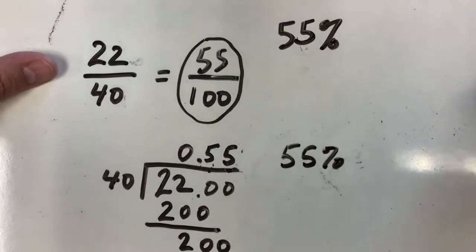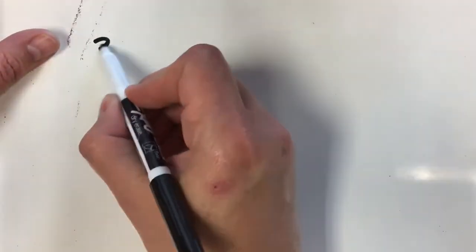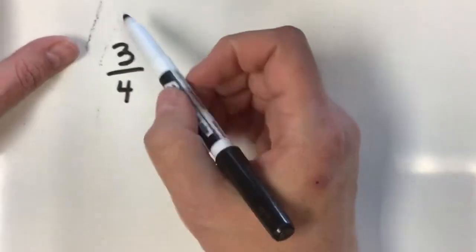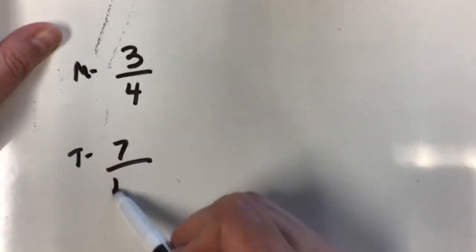So let's take it even farther. Say there's a football game, and Marcus completes, I'm reading it out of the book, Marcus completes 3 out of 4 pass attempts, okay? 3 out of 4 is Marcus. And then let's say Terry completes 7 out of 10.